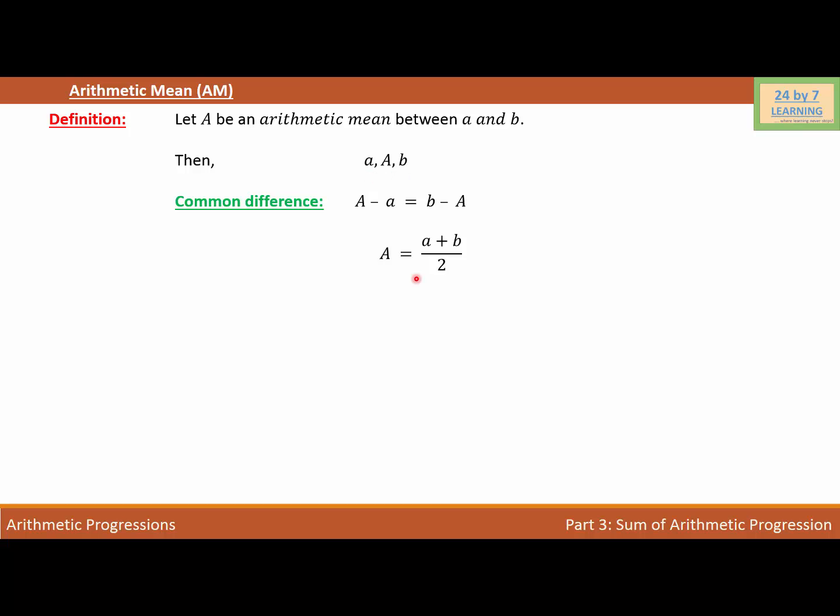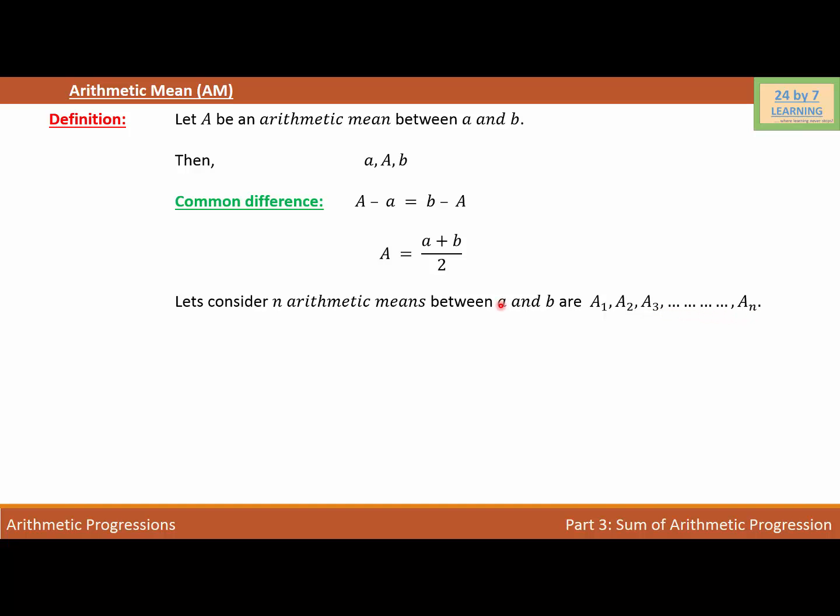Now let us consider a situation where we have more than two terms. Let us consider n arithmetic means between a and b, such as capital A1, capital A2, capital A3, up to capital An.